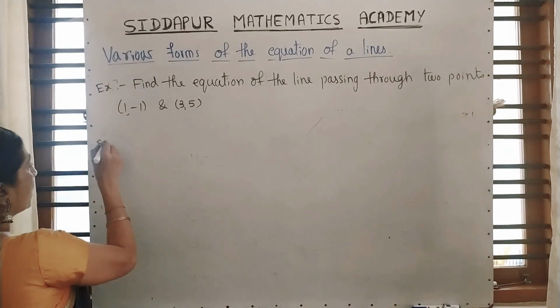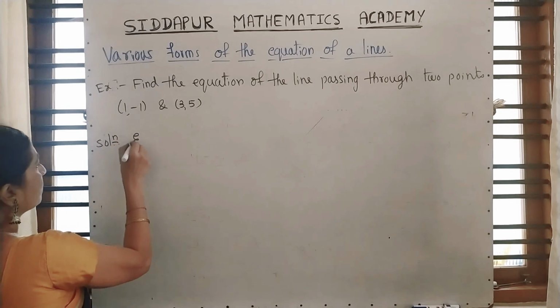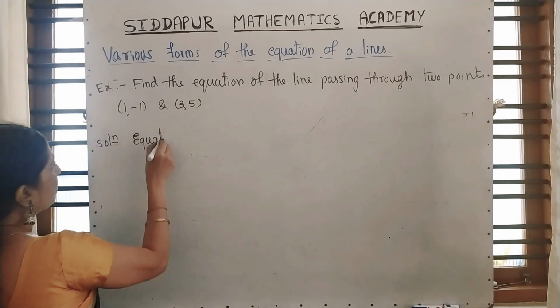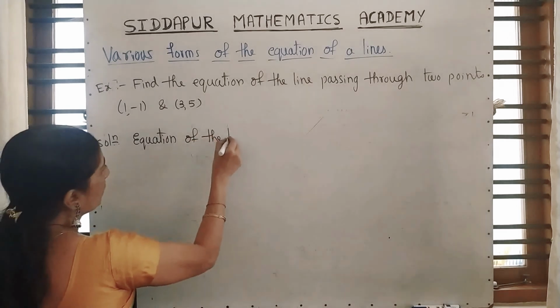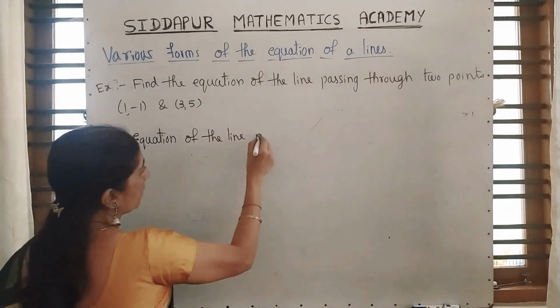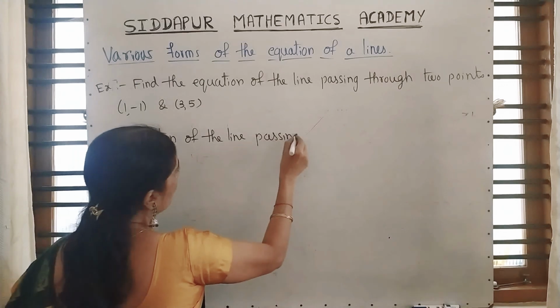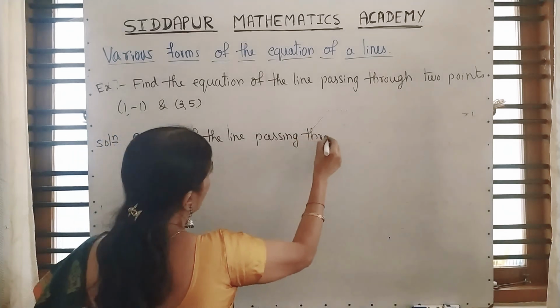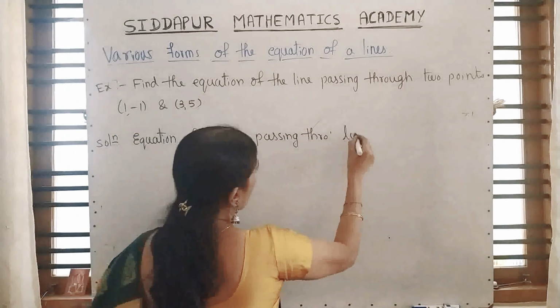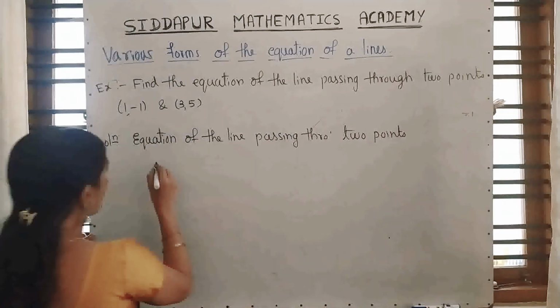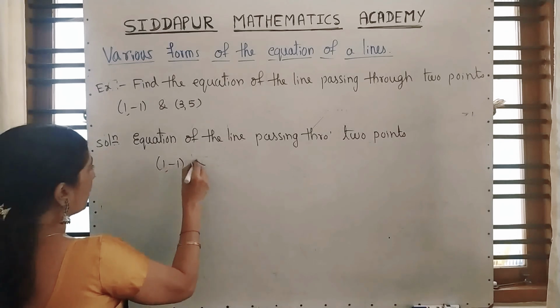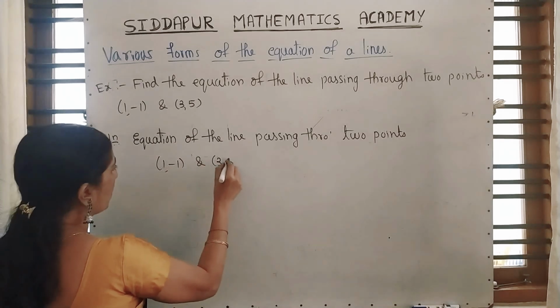Equation of the line passing through two points (1, -1) and (3, 5).